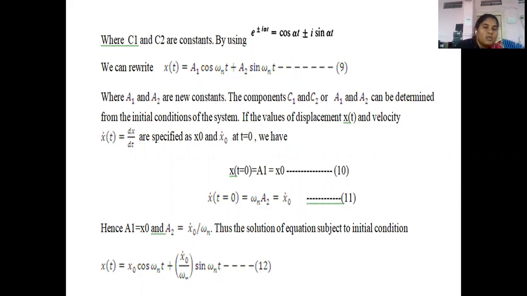If the values of displacement x of t and velocity x dot of t, equal to dx by dt, are specified as x0 and x dot 0 where t is equal to 0.